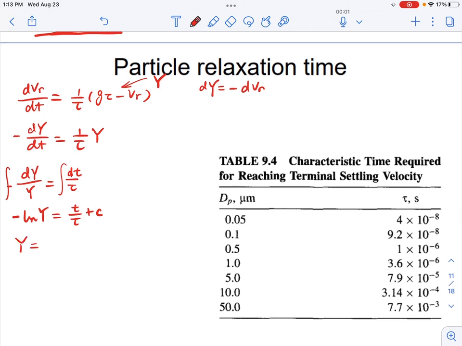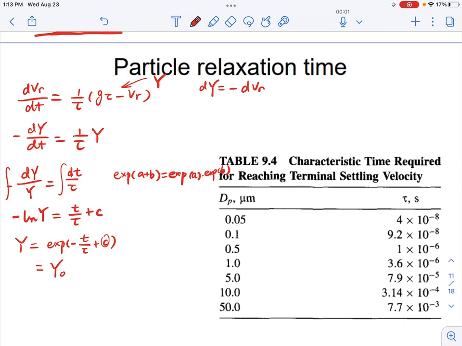So then you can find out what y is. So y is just going to be exponential of minus t over tau plus C. But since this is just a constant, you can pull it out, because exponential of a plus b equals exponential of a multiplied by exponential of b, right?